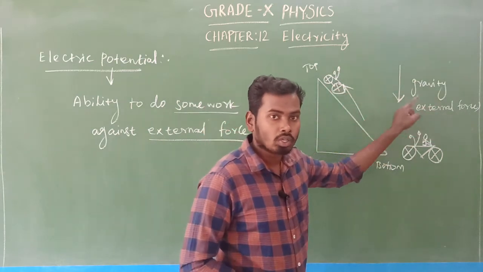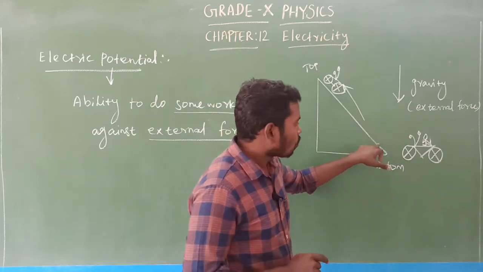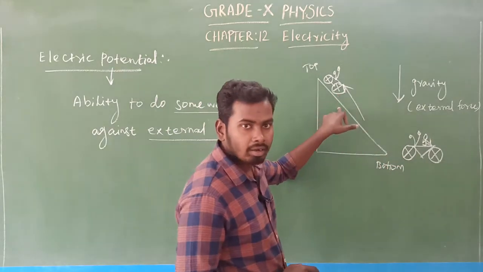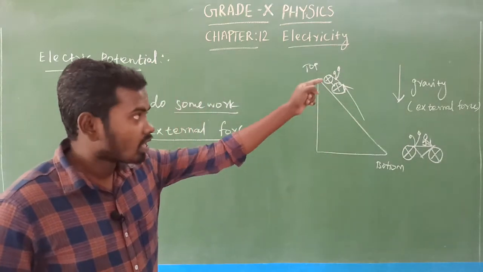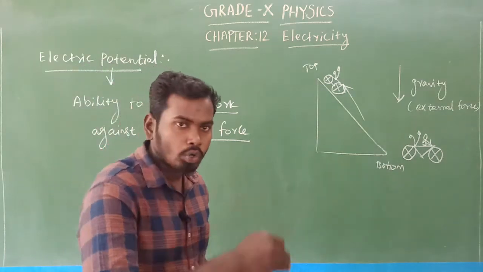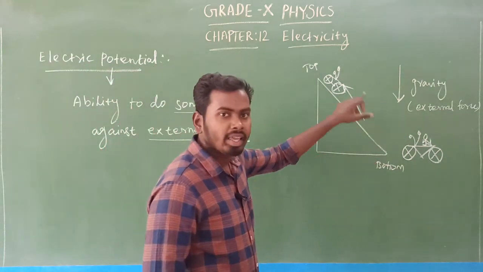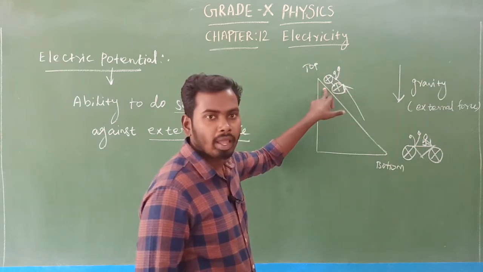Gravitational force. So here work is done against some external force. Gravity is the external force. You are giving more force, due to which you overcome the gravitational force, so you come to the top of the inclined plane.